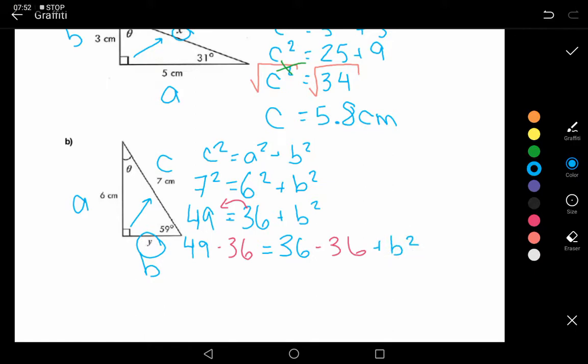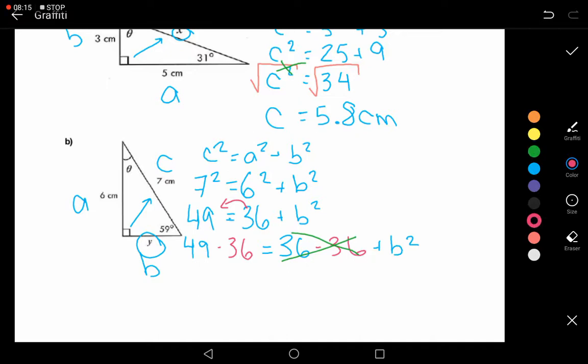The reason I also subtracted 36 from the left side is because when I'm solving equations, what I do to one side, I have to do to the other. It's just a rule. It's the only way that we're able to actually do stuff like this. But 36 minus 36 is just 0, so those are going to cancel out.